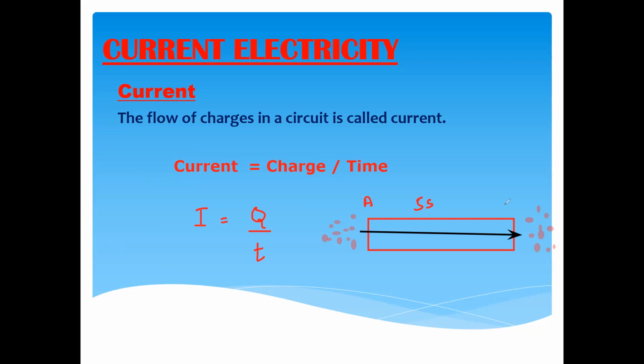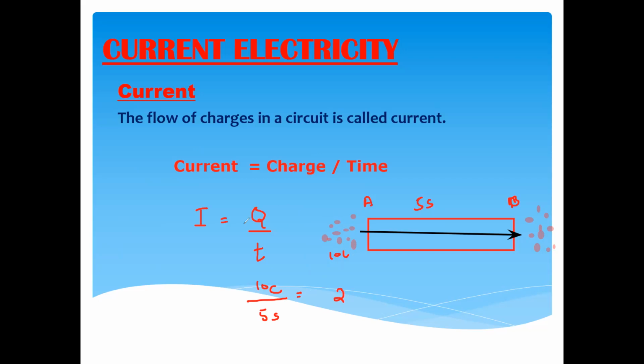So it took 5 seconds to move from one end of a conductor to another. So what is the current? Current is a flow of the charges, because we have 10 coulomb of a charge. So the total charge which will flow is 10 coulomb. And how much time did it take? It took 5 seconds. So 10 divided by 5 is equal to 2.